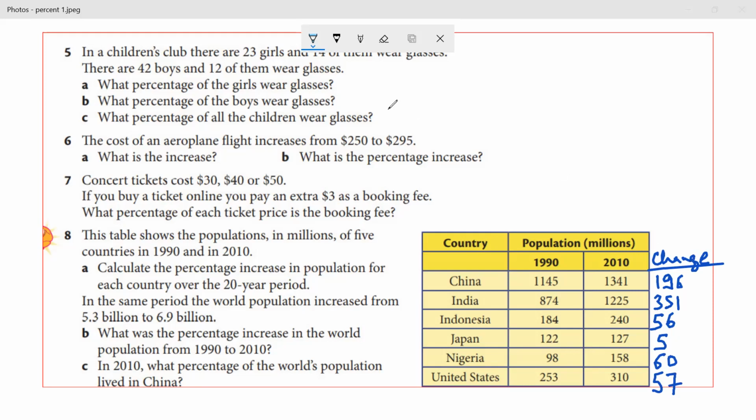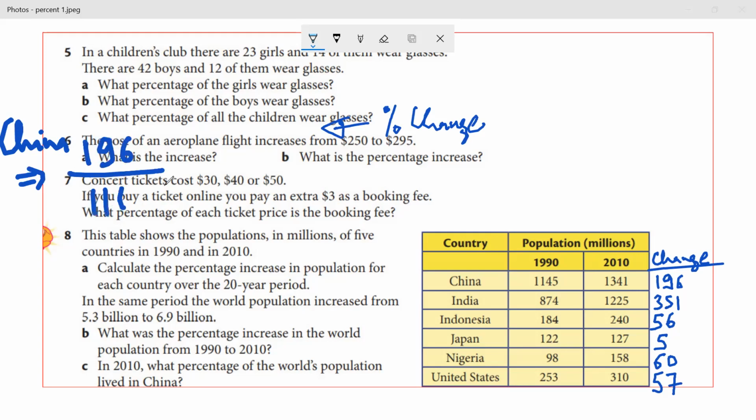But if I want to calculate the percentage change, can you tell me what will be the percentage change for China? 1341 minus 1145 divided by 1145 into 100. This I have already calculated. Have you understood? Yes, sir. So when I calculate this, it will give me the percentage.